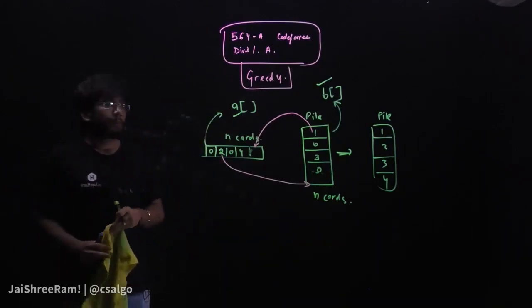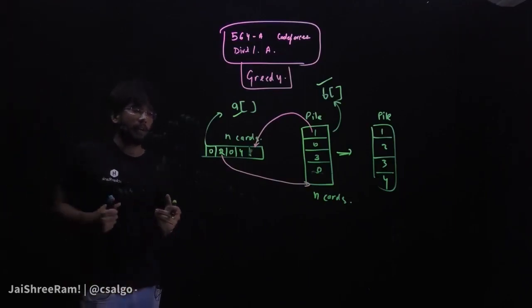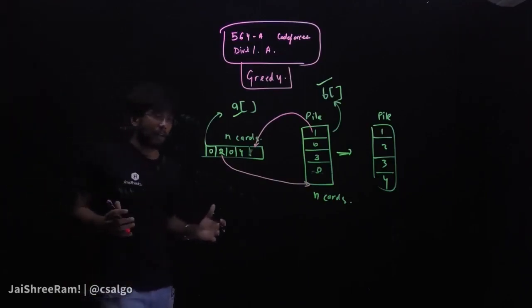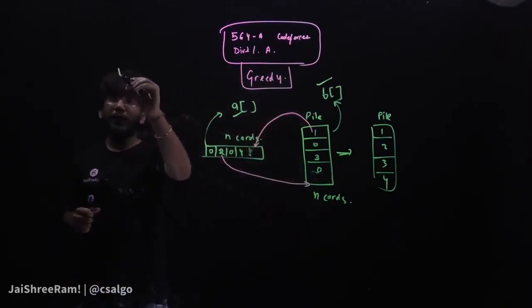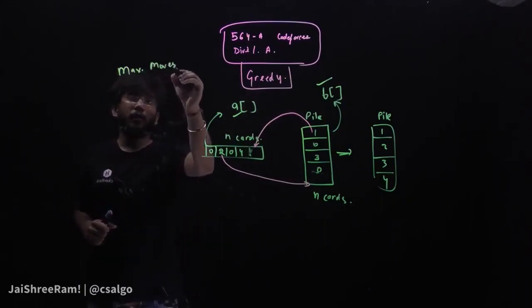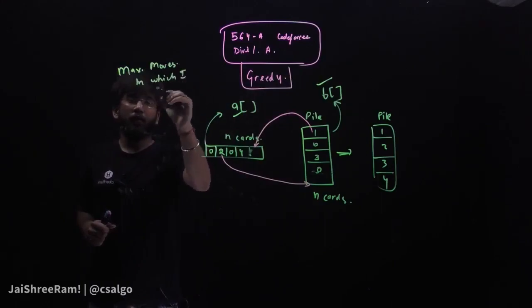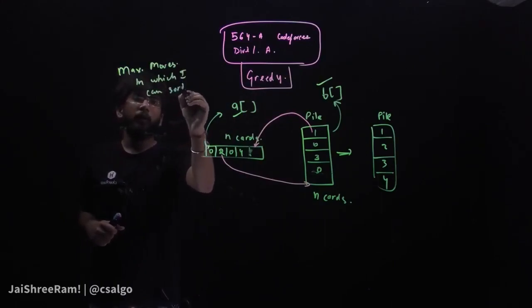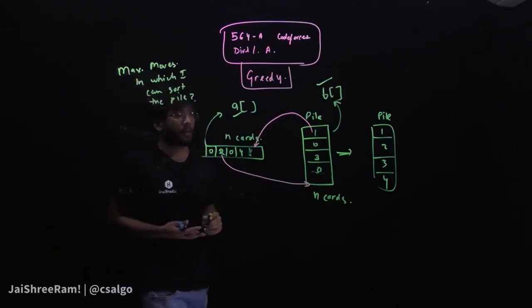So what I thought of in the first go is that I have n cards over here and n cards over here. The first thing that came into my mind was, what is the maximum number of moves in which I can sort the pile? And if you ask this question to yourself, then you are mostly done with the question.